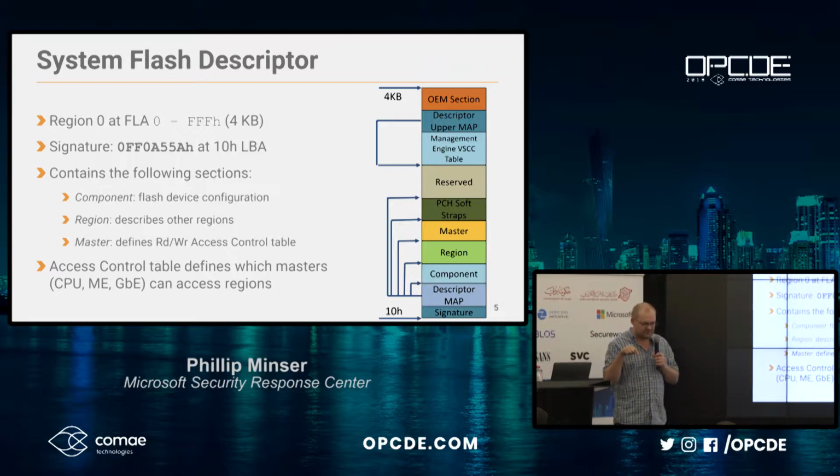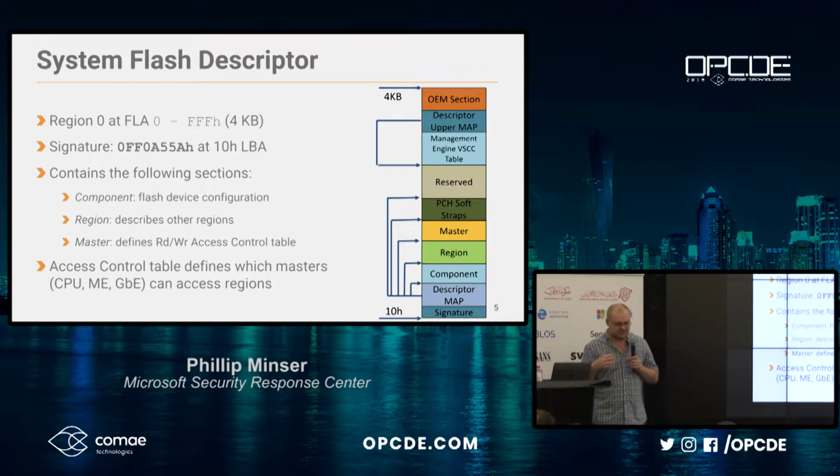So if the SPI descriptor by mistake allows software to override itself, then software can override this table and open access to other regions. For example, read or write to the ME region, or read or write the GBE region. GB is the Gigabit controller configuration. ME is the manageability engine region.